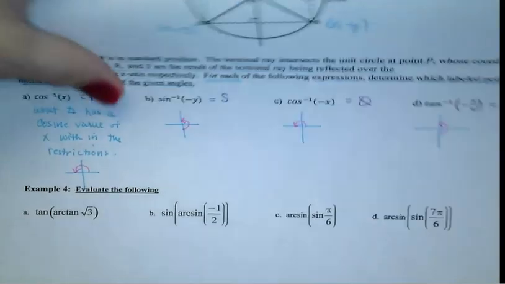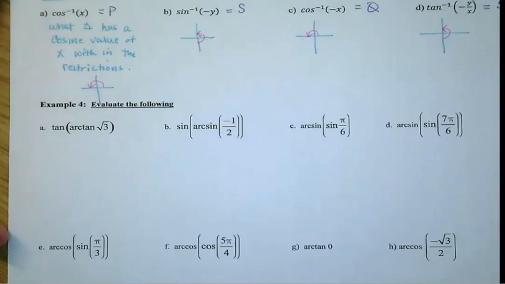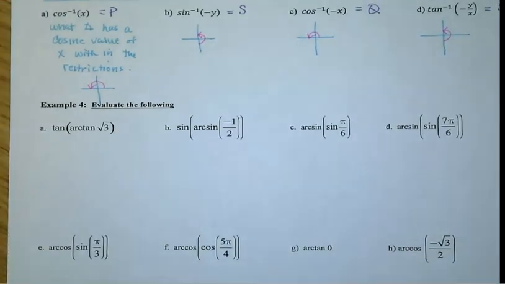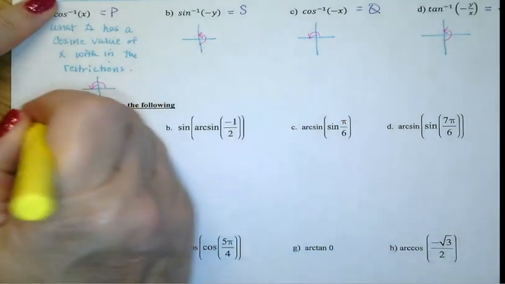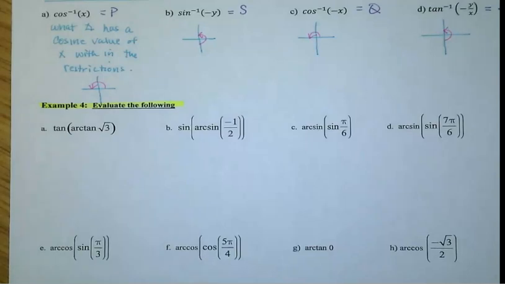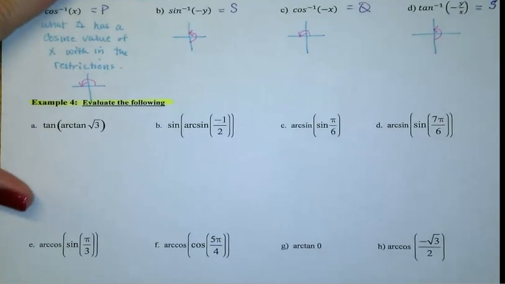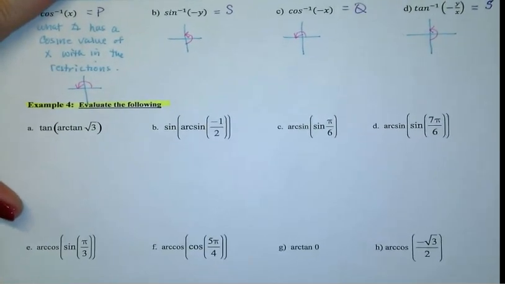Moving on to example 4, our last set of problems here. And here we're going to evaluate the following. Some of them are compositions and some of them are straight angles. So as with any restriction that we do, any composition that we do, we always start with the inside function.